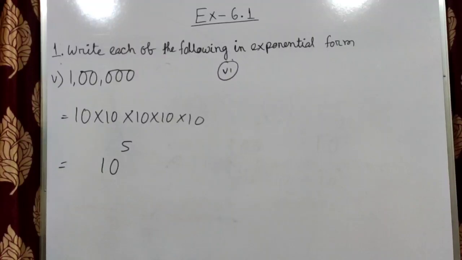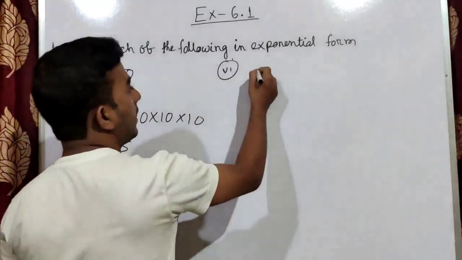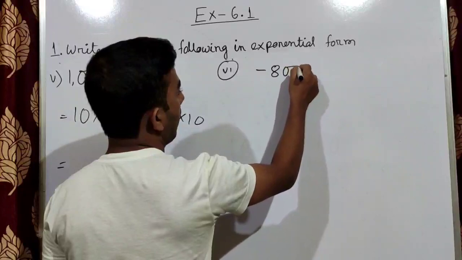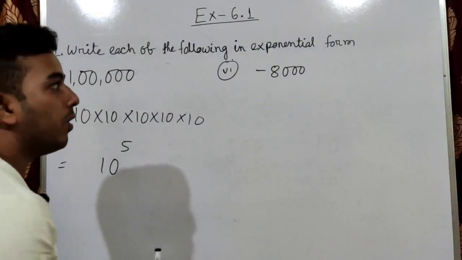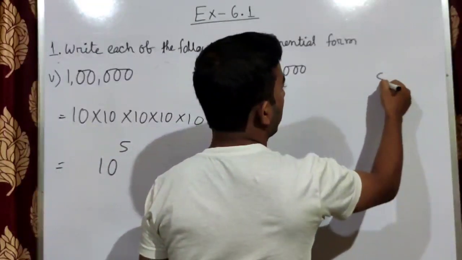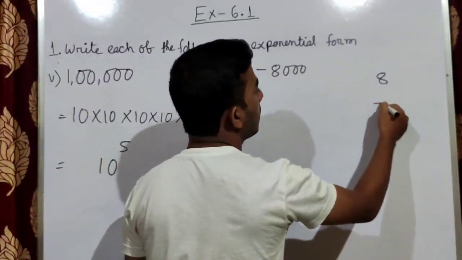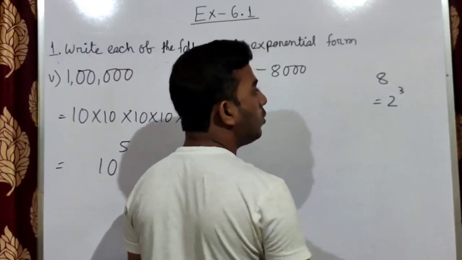The next is minus 8,000. Now we know the 8. Can we express 8 as 2 cube?